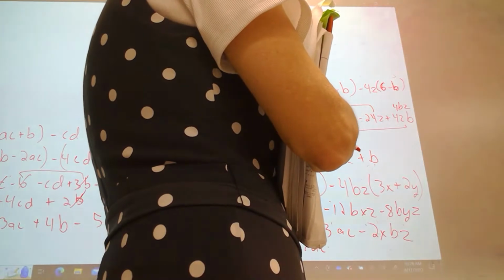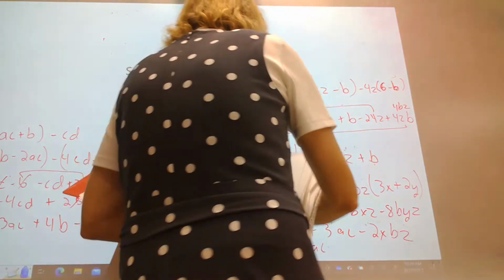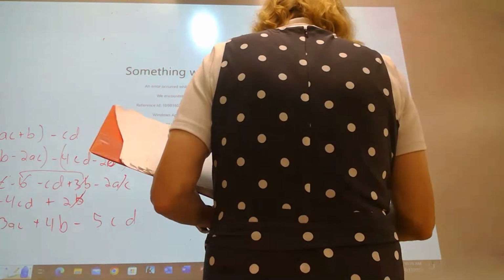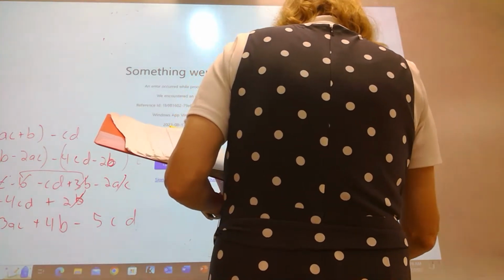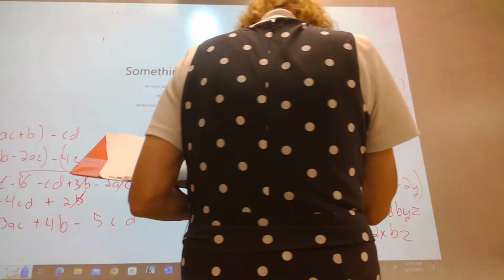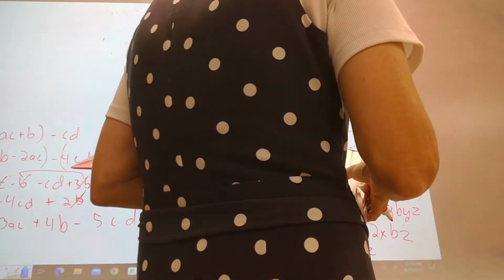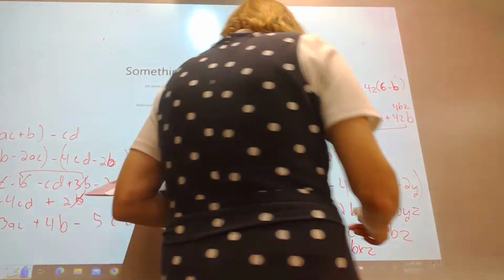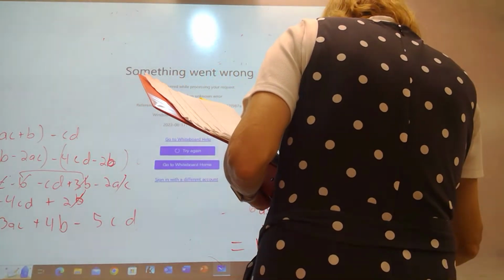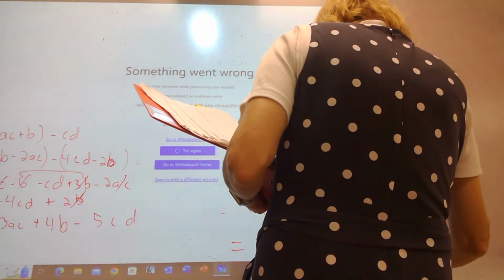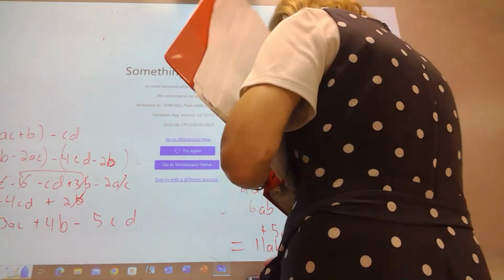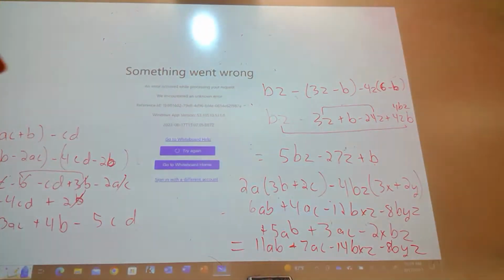So we have minus 12 minus 2. Abigail, what's that? Minus 14. Now, normally I put it in alphabetical order for the final one. And then the last one we have is minus byz. Now we don't have anything we can combine with that, so we leave that as minus 8byz. Okay?